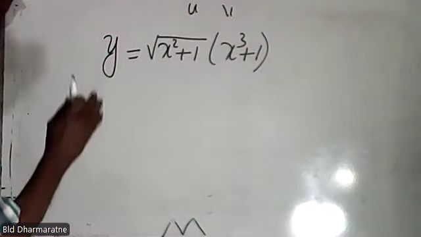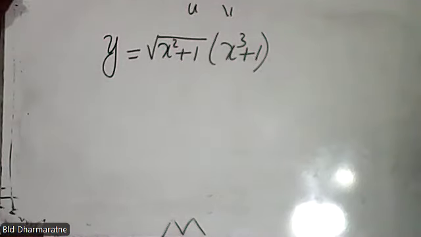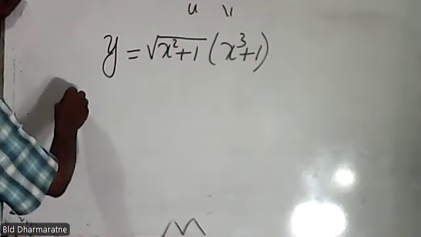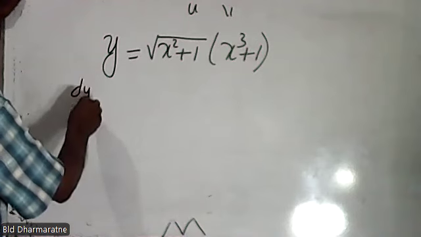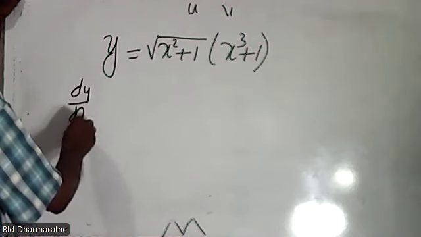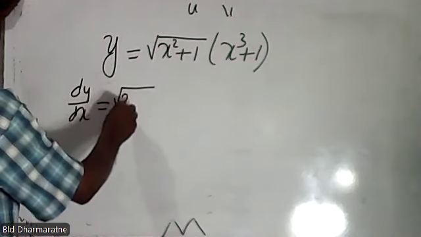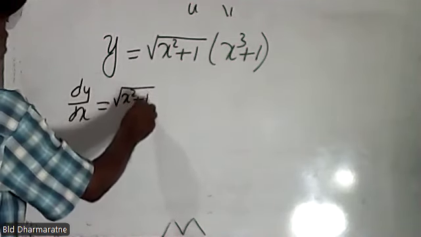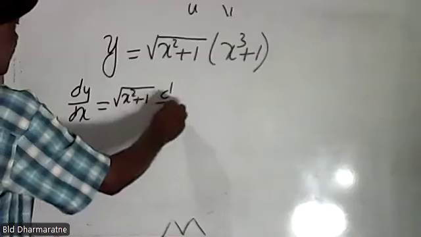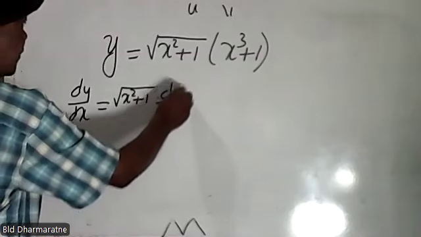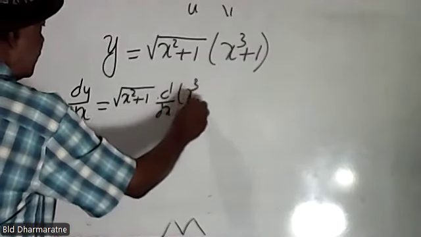Carefully differentiate. If you like, apply the theory directly, you can write this: dy by dx equals square root of x squared plus 1 into d by dx of x cubed plus 1.